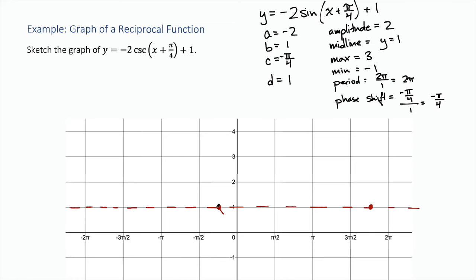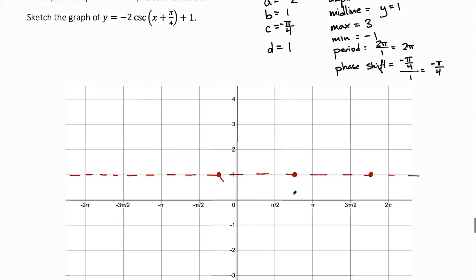We have our point halfway between those, which is right here at 3 pi over 4. And then our maximum and minimum points. Our maximum is 3, that's going to be over here for this segment, up at 3. And our minimum over here will be at -1.